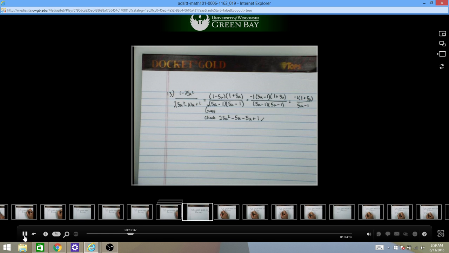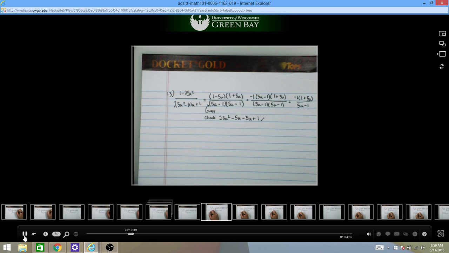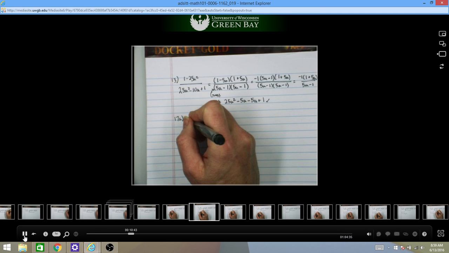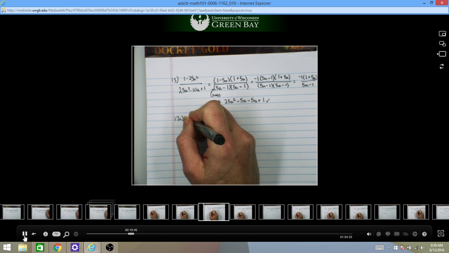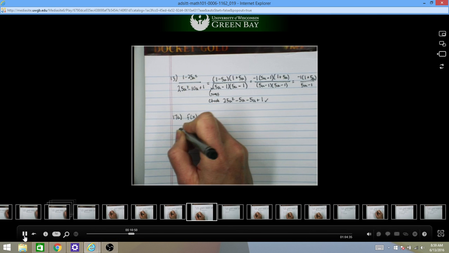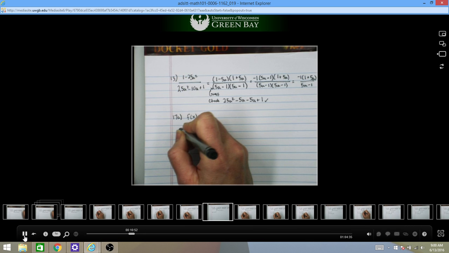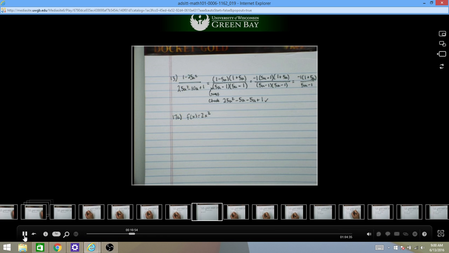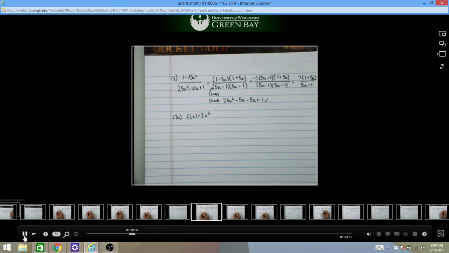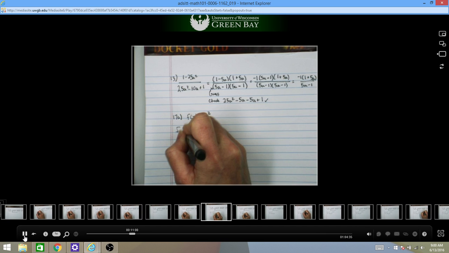Then there was another difference quotient problem, 17a. Actually, I guess the question's only about A. Okay, so find f of x plus h minus f of x over h.